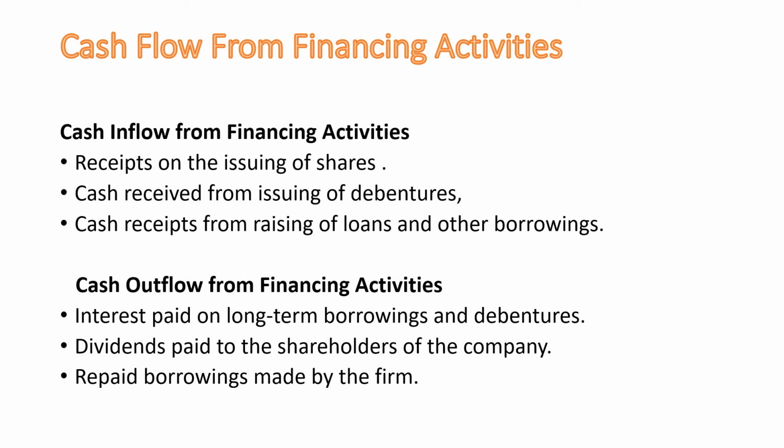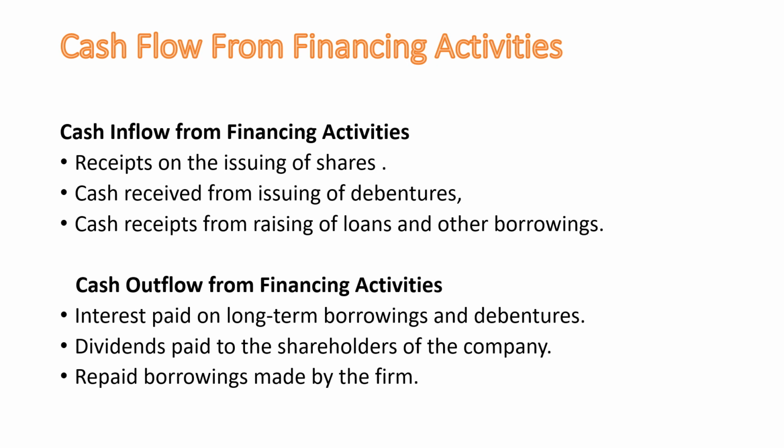Interest paid on long-term borrowings and debentures. As we know, if we issue debentures to the public, it is the liability of the company to pay interest to their debenture holders. It is treated as cash outflow. Dividend paid to shareholders of the company.